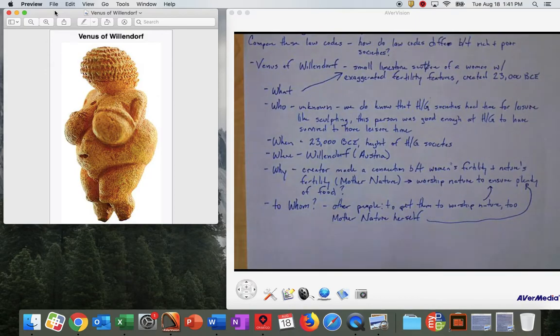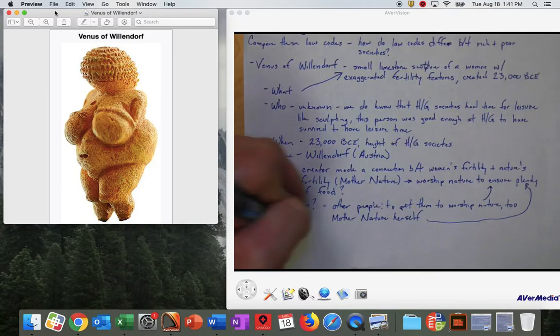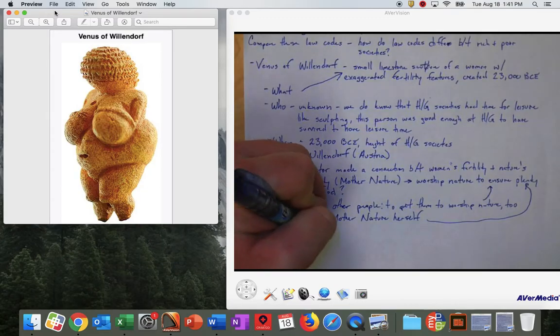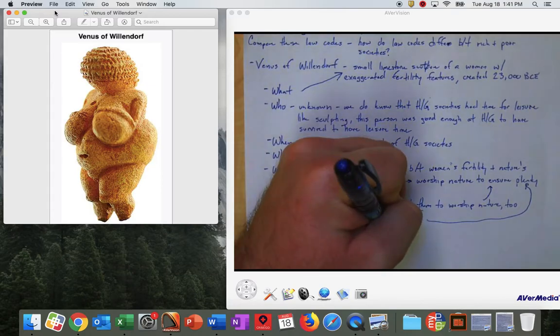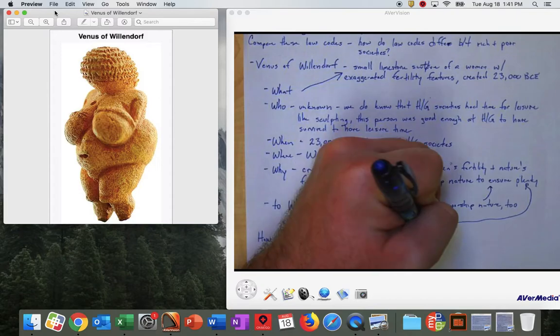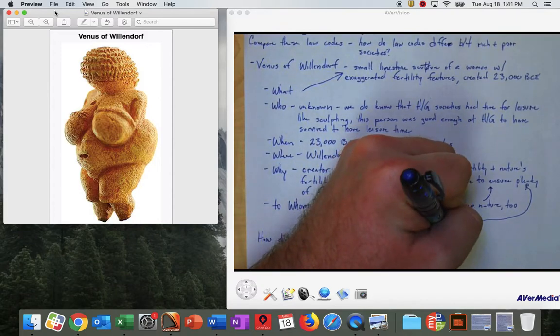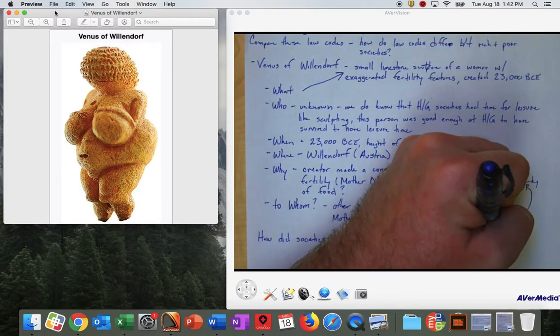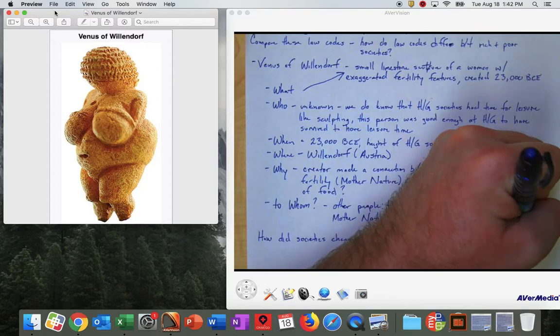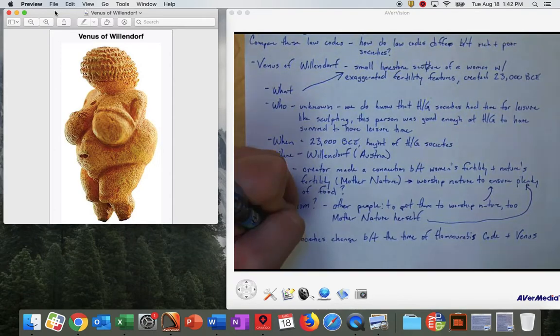Now, again, we could compare this source with another source. So, for example, we could say something like, how did societies change between the time of Hammurabi's Code and the Venus of Willendorf?